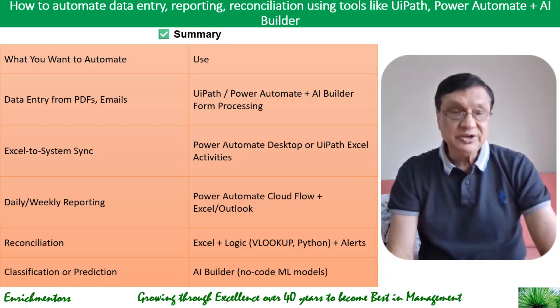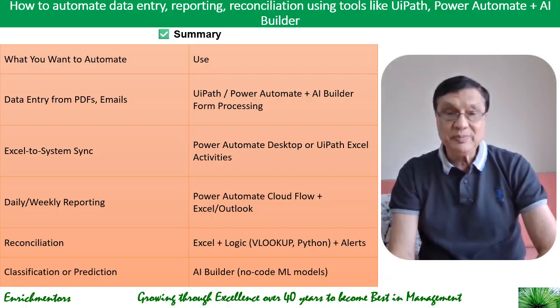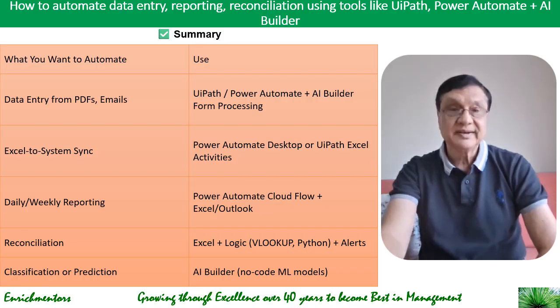If it is about automating daily or weekly reporting, Power Automate cloud flows plus Excel and Outlook would be other good tools to use. And for reconciliation, you could use Excel plus logic in VLOOKUP and Python plus alerts. And for classification and predictions, you will need to use AI Builder, a no-code machine learning model.